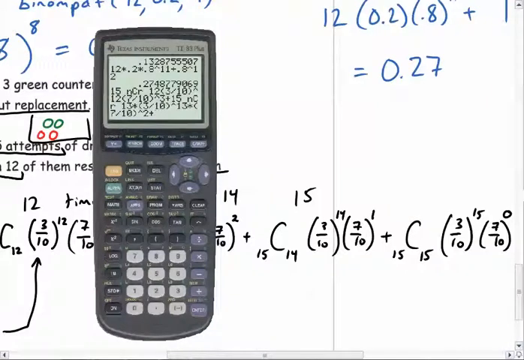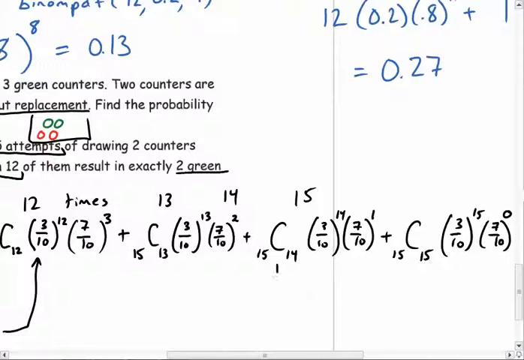Does anybody know what 15 choose 14 is? It's the same as 15 choose 1. It's just the number 15. Yeah? We're using the probability 3 times, and so in the first part we found the probability.